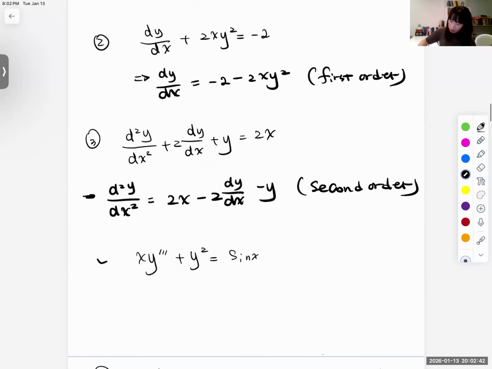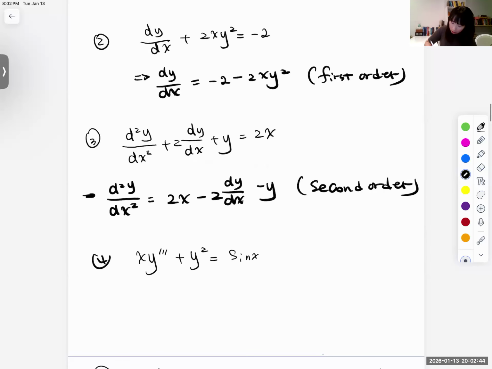Number 4. Okay, we can see the 3, right? So third order. So we can use the 3. After 4, we can use that number.